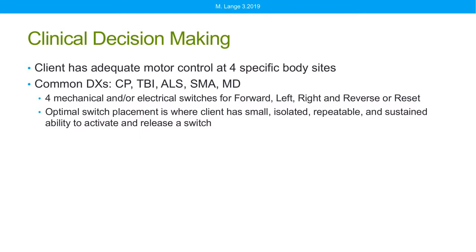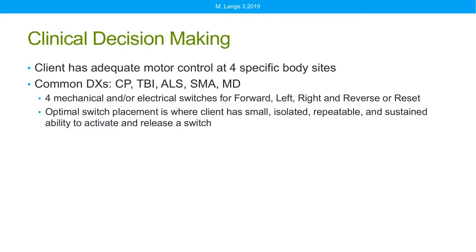Now this is tricky, and I have done some webinars for ABLEnet, and you can certainly look in the library there that address how do you figure out where to put a switch on a client, and how do you know which switch to use. So I would encourage you to check those out if you are in search of that information.